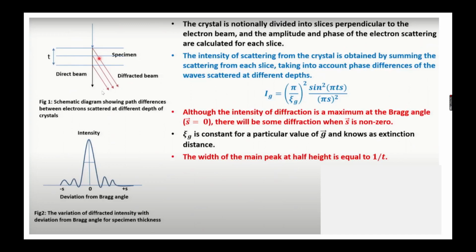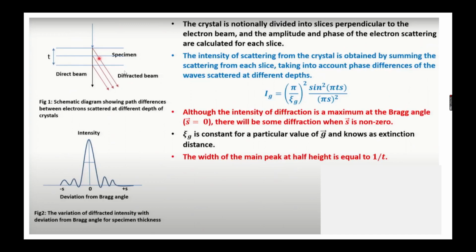It is obtained by summing the scattering from each slice of the specimen, taking into account the phase difference of the waves scattered at different depths. Here the electron beam is coming and is scattered at different depths, giving the diffracted beam from the different depths.